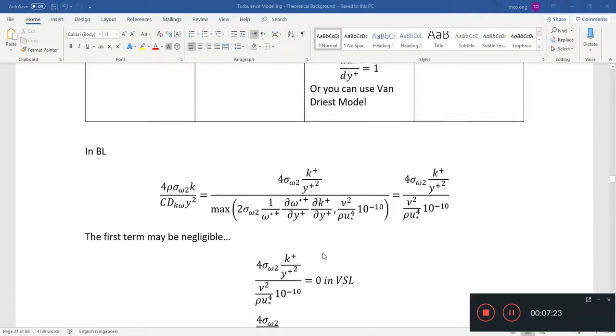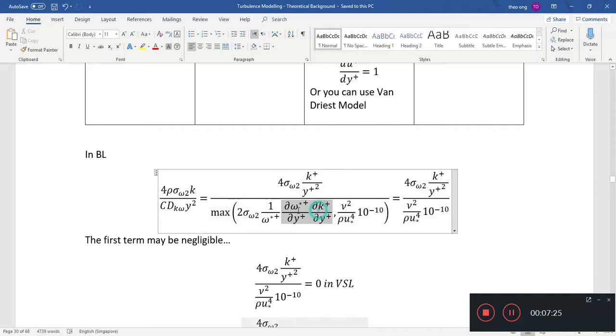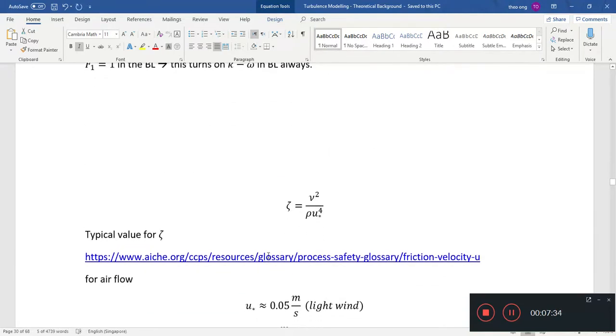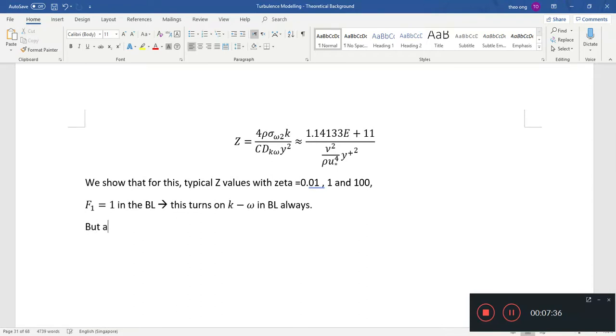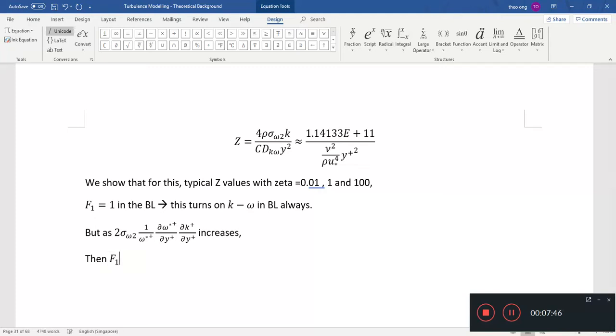Alright. And so the only time that this doesn't really apply is if this term increases. As this term increases, then F1 decreases.